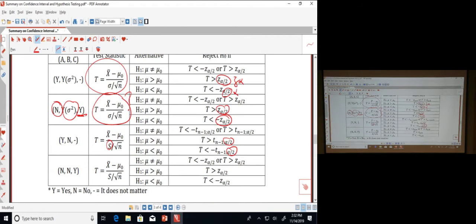All right. So then, if I know nothing about the underlying distribution, I don't know sigma, but I have big sample size. Because I don't know sigma, I have to use the sample variance. Hey, do we need to know mu?